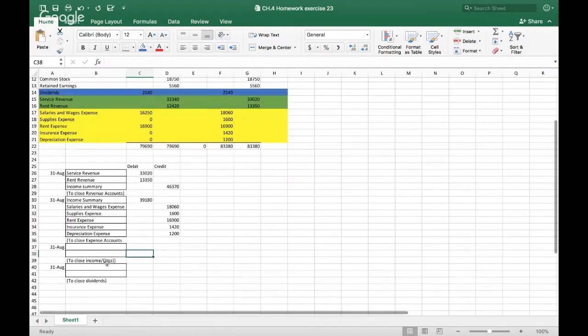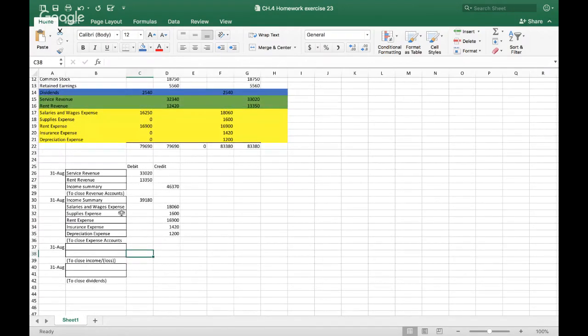Okay, and now we're closing our income summary, which means basically we're gonna take what we've credited and debited. So we've added basically 46,000. That's our credit to our income summary, and then we've debited 39,000. And so we're gonna subtract those from each other to find out how much we're going to add to the retained earnings, which equals $7,190.